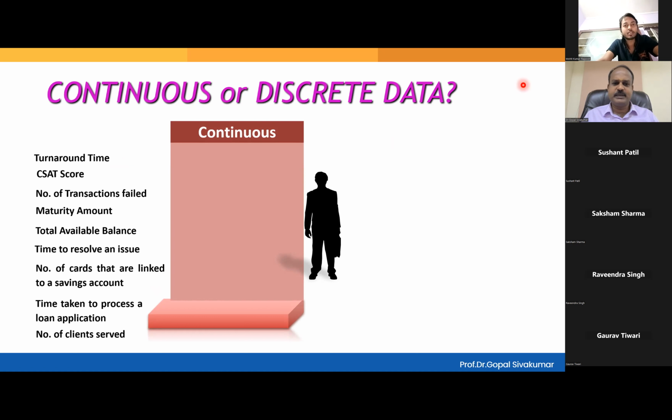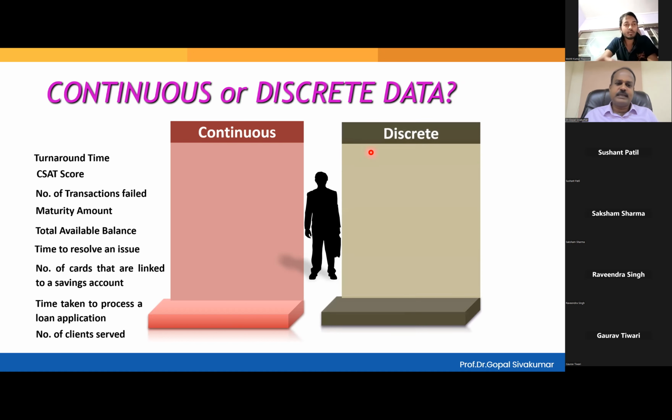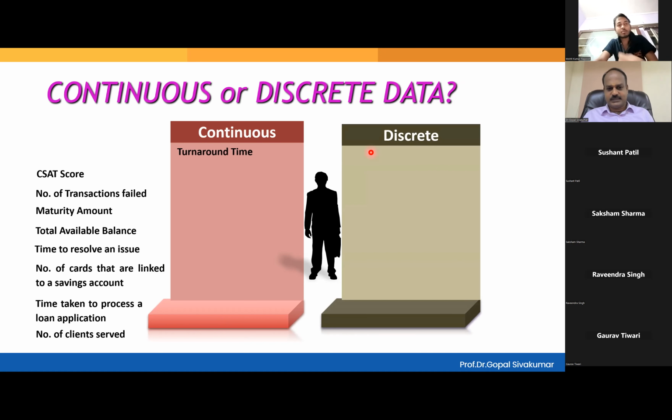Again, it depends on the problem. If it is a 100-meter race, maybe you may go to the extent of microseconds, isn't it? So people can finish 100 meters just like that. So it depends on the problem and the requirement. So very good. Turnaround time belongs to continuous data.